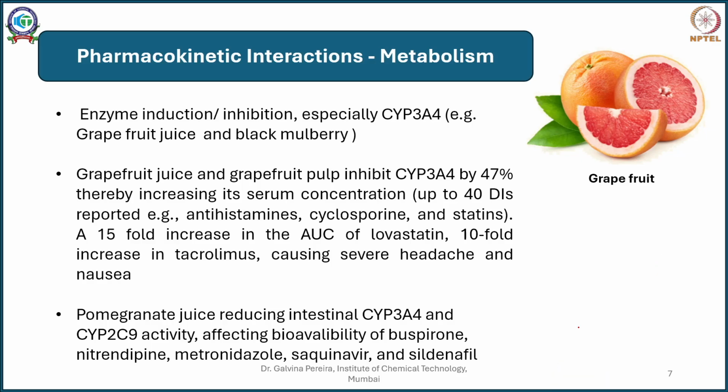The drugs which get metabolized by your enzyme, like I said, your drug converting to your metabolite by your enzyme CYP3A4. Now because this grapefruit is inhibiting it, the drug is not getting converted into metabolite, and as a result your drug concentration increases.